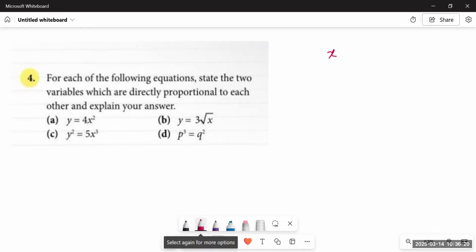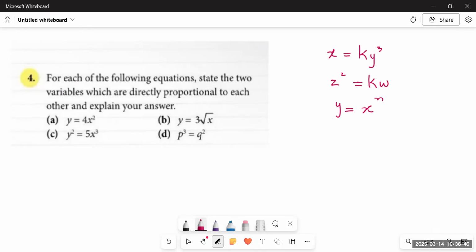If x is equals to ky cube in part 1. Similarly, if z square is directly proportional to w, then the equation was z square is equals to kw. And in the third one, the question was it is given that y is directly proportional to x^n. Right?